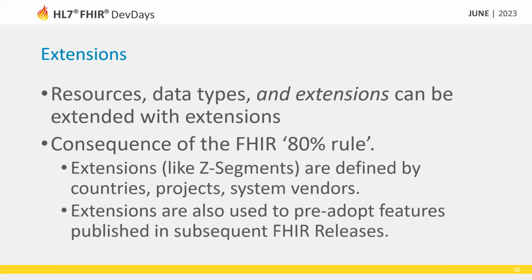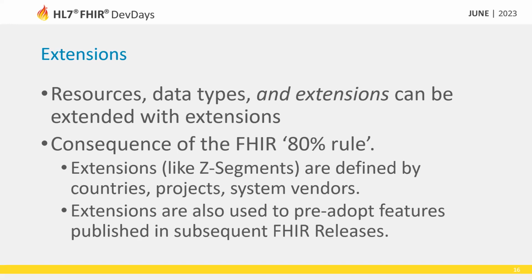Now, I talked about extensions. If you have this rule that FHIR has, which version 2 doesn't have, this 80% rule, then you also have to have some governance around these extensions. You cannot willy-nilly allow for Z segments and Z fields because it will be one big chaos. Everybody already thinks that when I start talking about it, right?